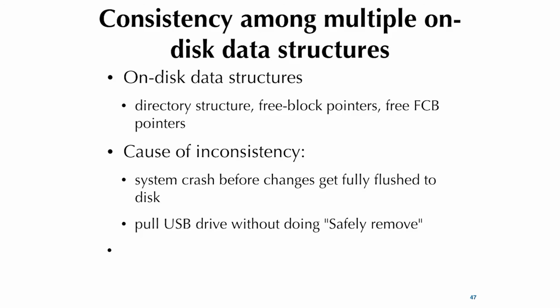Now, it's important to keep these on-disk data structures consistent. So what are these structures? The directory structure, free block pointers, and also free file control block pointers. And how do these on-disk structures become inconsistent? Well, it could be a system crash. Could be like you pull your USB stick before it says you can safely remove your USB stick.